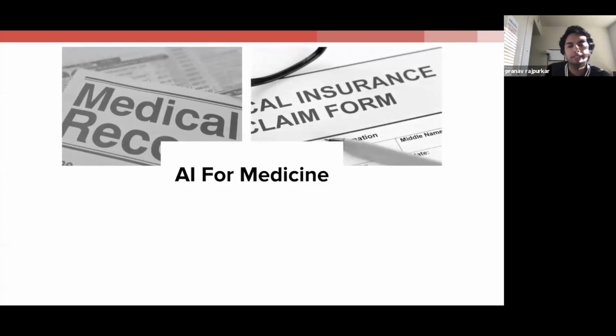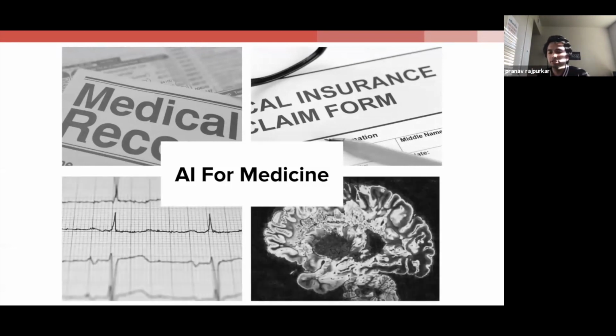To give you a gist of some of the things that are going on, we have these methodologies being applied to medical records to make recommendations to patients or to predict a patient's prognosis or their health in the future, looking at claim forms and being able to tell how at risk a particular patient is, but also looking at signals, looking at ECG data, which you can now acquire from an Apple Watch, and being able to tell whether someone has some kind of serious abnormal heart rhythm.